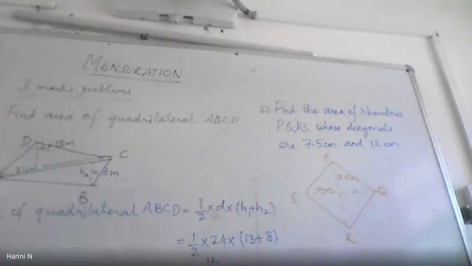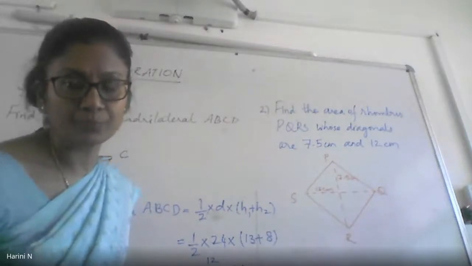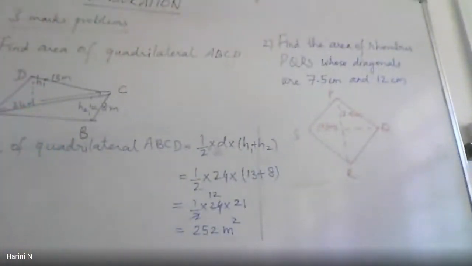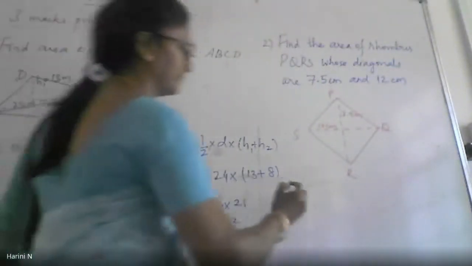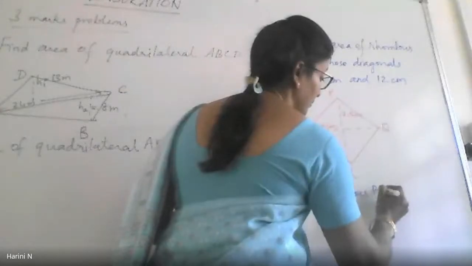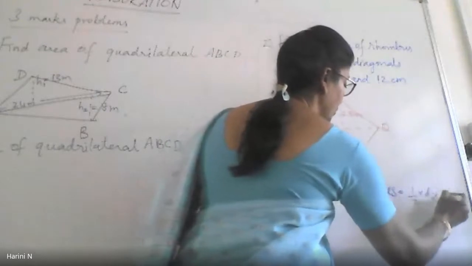So now we go and write the formula for area of rhombus. What's the area of the rhombus? Half into D1 into D2.